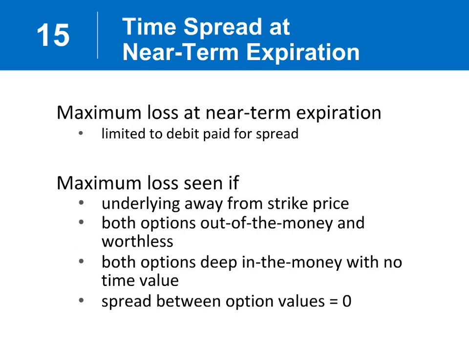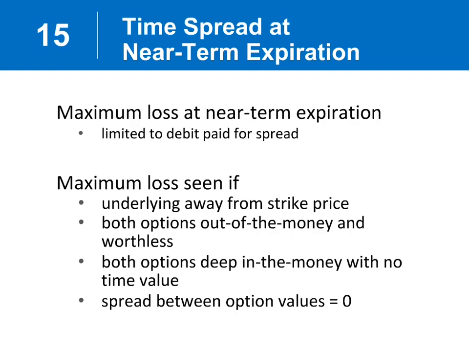If both options are out of the money and worthless at expiration, clearly we're going to lose the debit. Now, I would hope that in our management of this type of position and others, we wouldn't wait until that long-term option also is out of the money and have that debit go completely to zero. I would think we would ideally close the position for a loss, collect some of the debit back, and then move on.